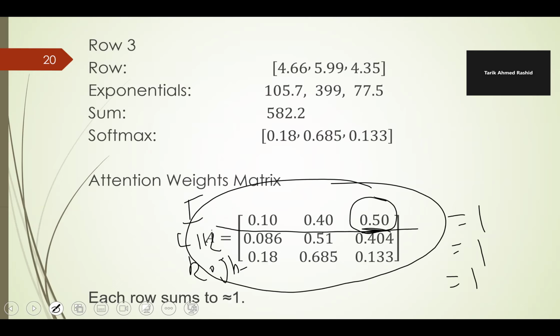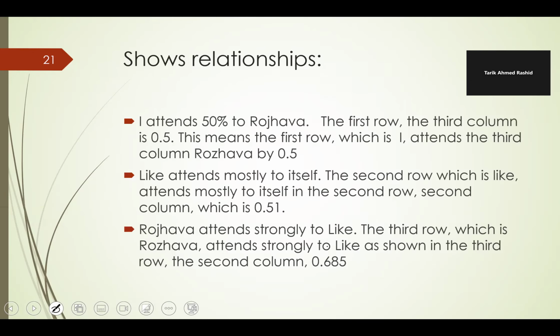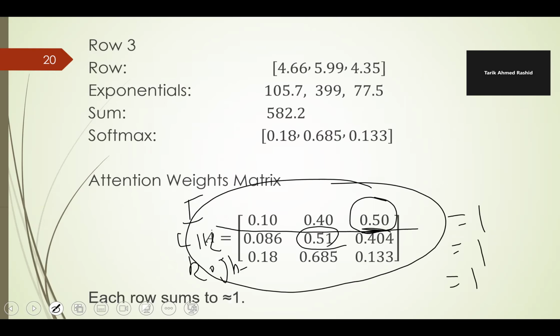Another thing to mention: like attends to itself by 0.51, so like attends mostly to itself, which is the second row, second column. While I, in the first row, attends mostly to Rojava by 0.5.